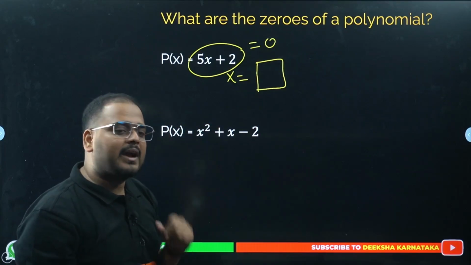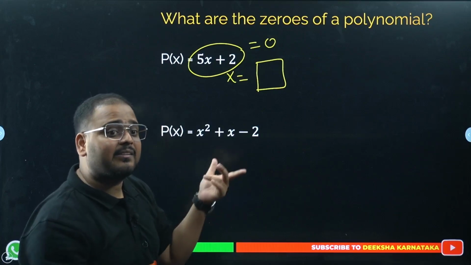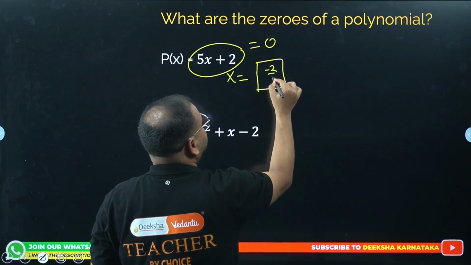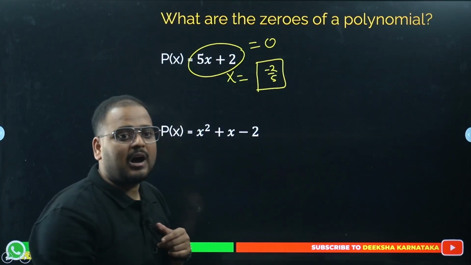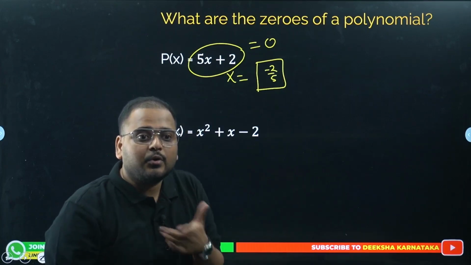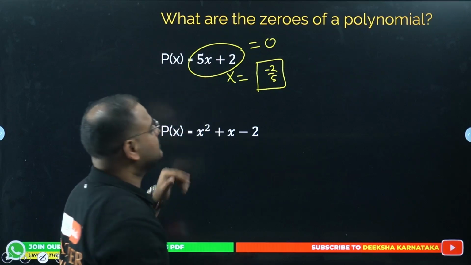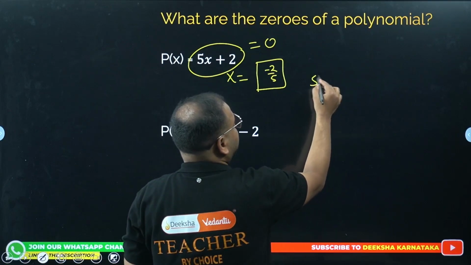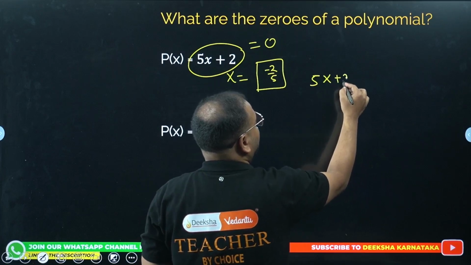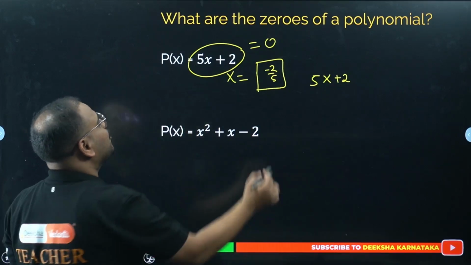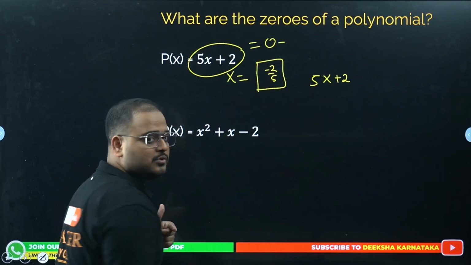Okay, how will I write that? So I know the answer, I can write it. I'll write it as minus 2 by 5. Sir, how do you find that? Nothing, very simple. Take the expression 5x plus 2. What is the end goal? End goal is to make it equal to 0.